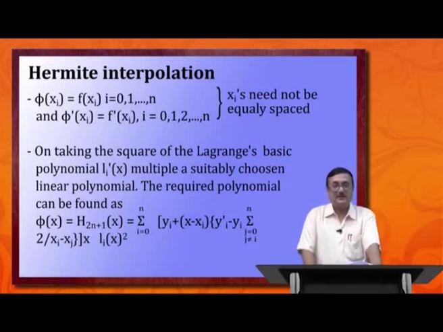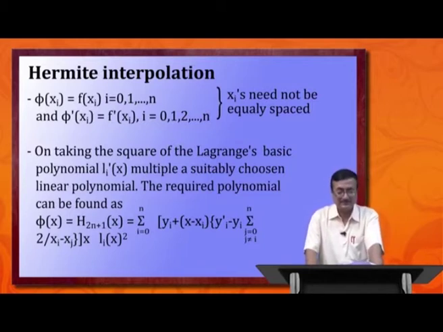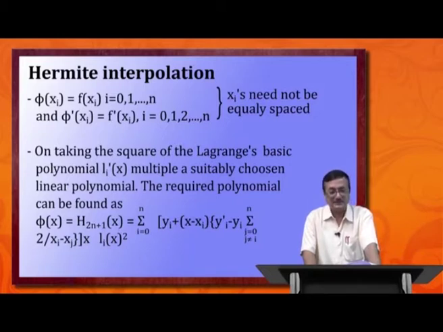In this way, the required polynomial function of degree 2n+1 can be written as h_{2n+1}(x) = summation i = 0 to n of [yi + (x - xi)(yi' - yi × summation j = 0 to n, j not equal to i, of 2/(xi - xj))] multiplied by Li(x) whole square.